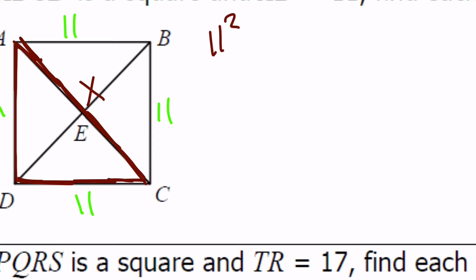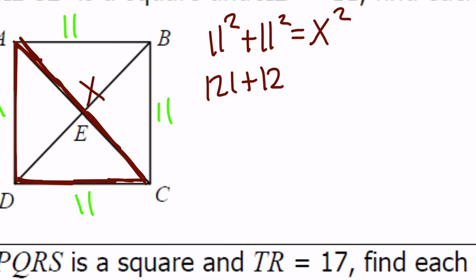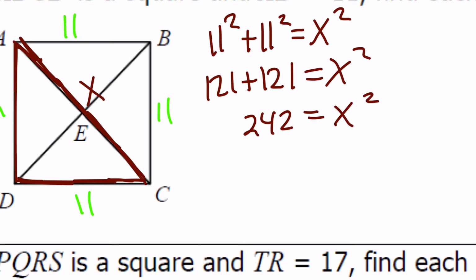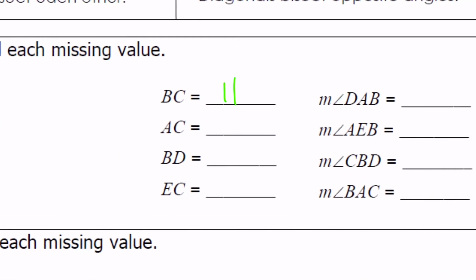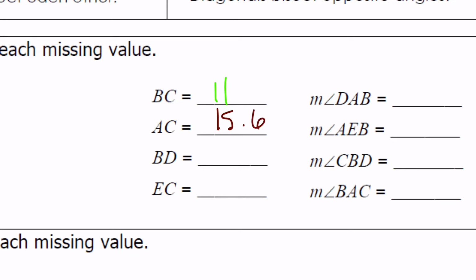So 11 squared plus 11 squared equals x squared. So 121 plus 121 equals x squared. So 242 equals x squared. So x equals 15.6. So that means AC is 15.6.